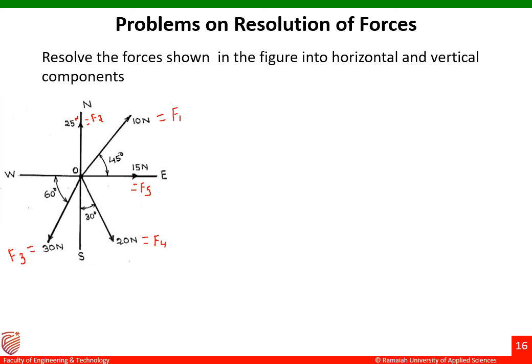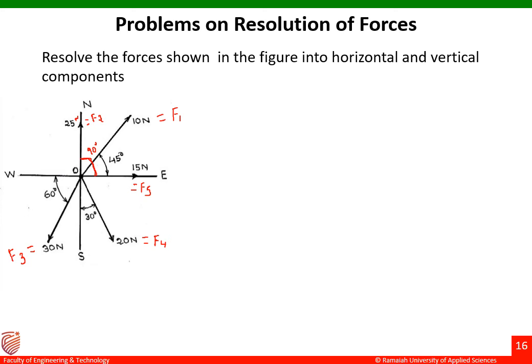Coming to F2, F2 of 25 Newton is making an angle of 90 degrees with respect to the horizontal. So if you are measuring with respect to the horizontal, this is the angle made by F2. So let us take this one as 90 degrees for F2.